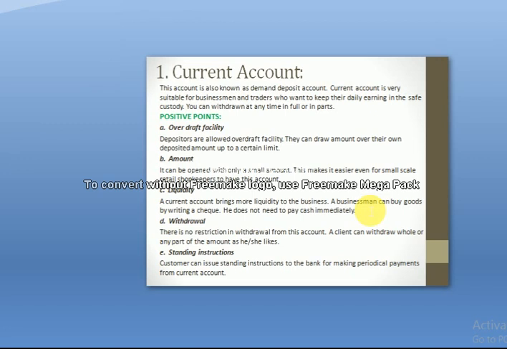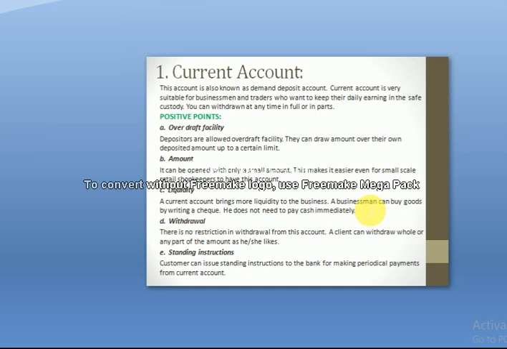Dear students, current bank accounts are very popular among companies, firms, public enterprises and businessmen who generally have a high number of daily and regular business transactions with the bank.